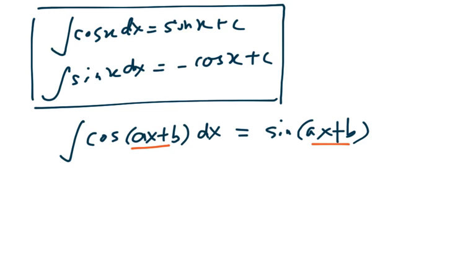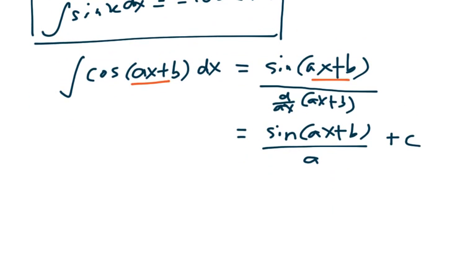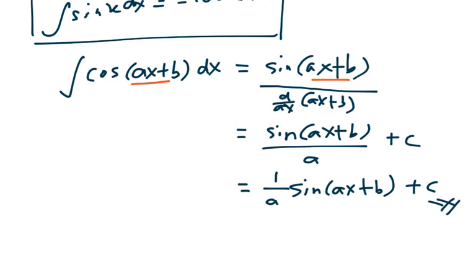What to do in extra is, you have to differentiate what is in the bracket and then divide. So after you differentiate ax plus b, you will be getting an a. Hence, your answer is sine of ax plus b divided by a plus c. You can also write it in this form, where 1 over a sine of ax plus b plus c.